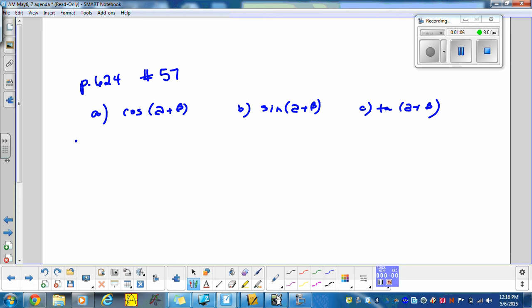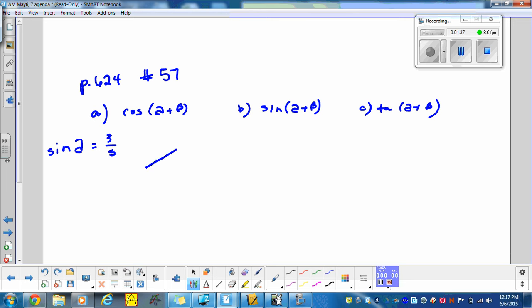So it says that for alpha, we have a triangle in quadrant 1, and the sine of alpha is equal to 3/5.